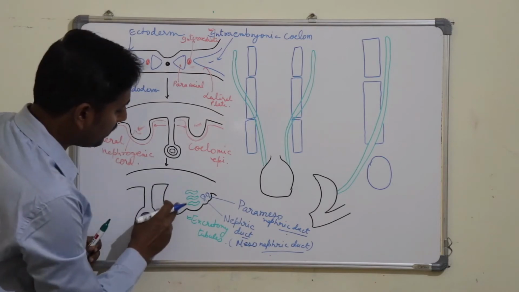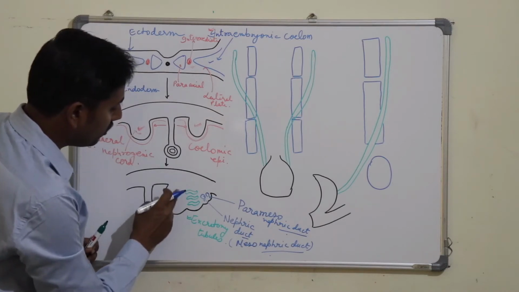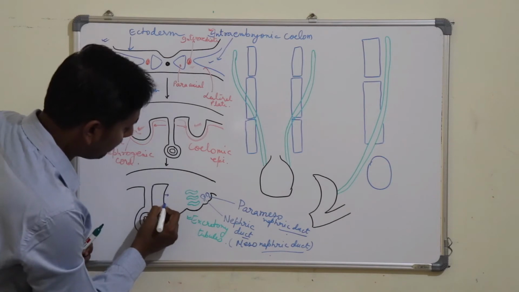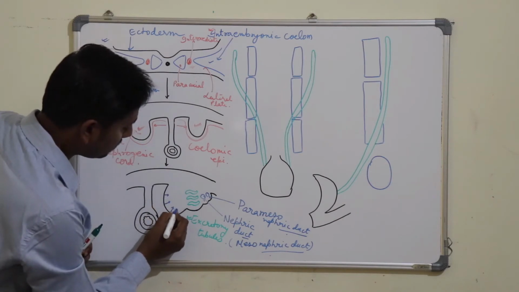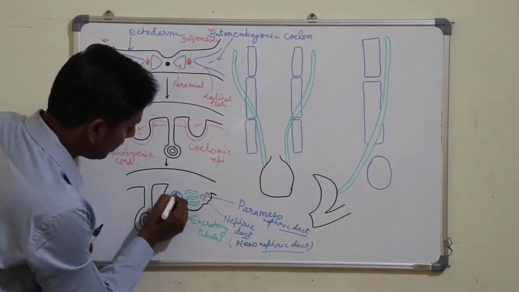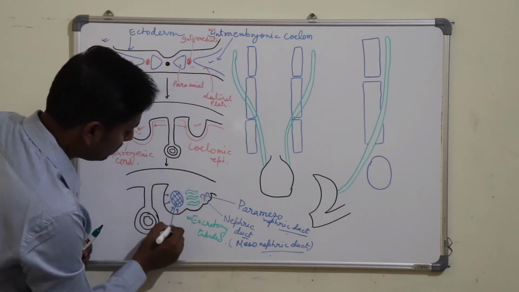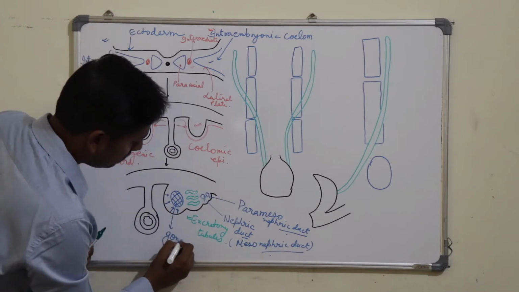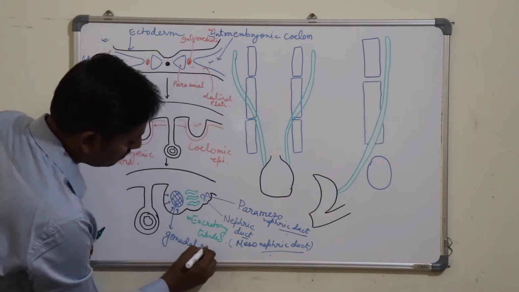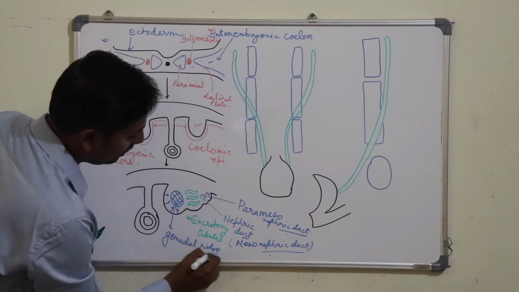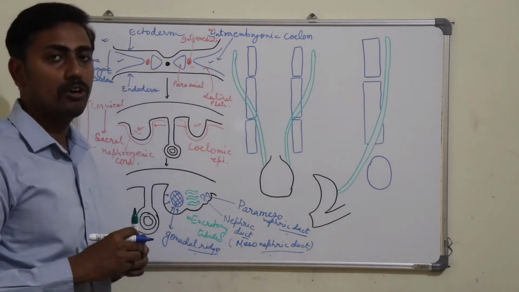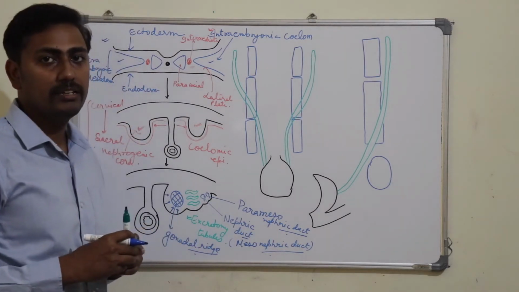On the medial aspect of this nephrogenic cord, from the coelomic epithelium arises a mass known as the gonadal ridge, which will form the ovaries and the testes, or the gonads, in humans.